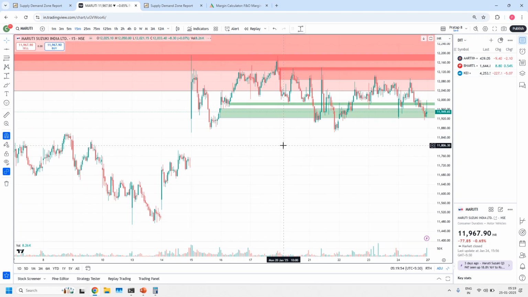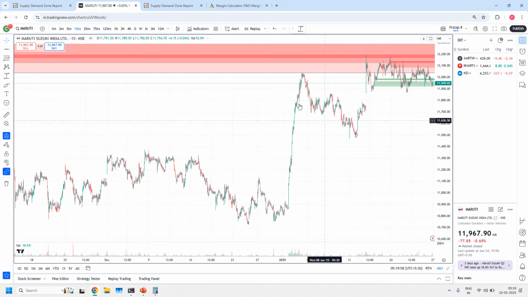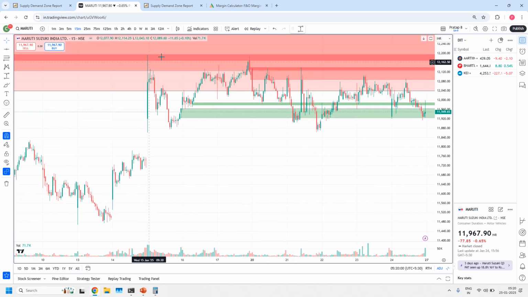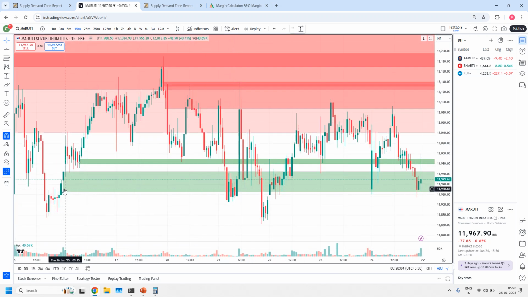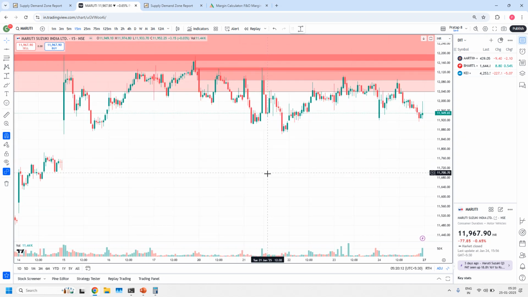Okay, this is the earlier HLQ zone analysis video, showing how the fine-tuned zones are working for Maruti. This one I'm removing. These are some target zones on the 15-minute time frame.